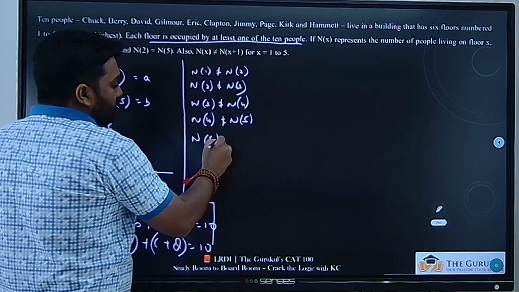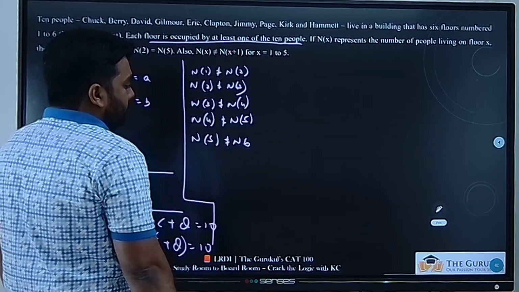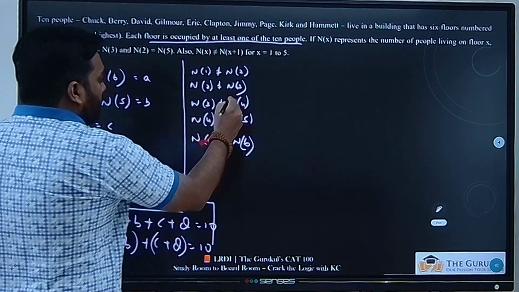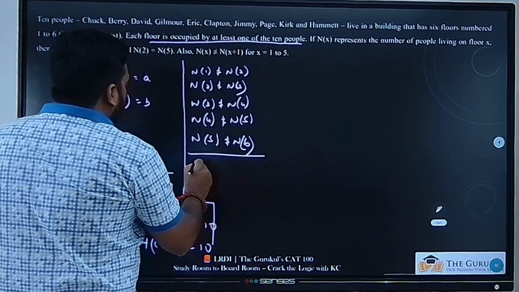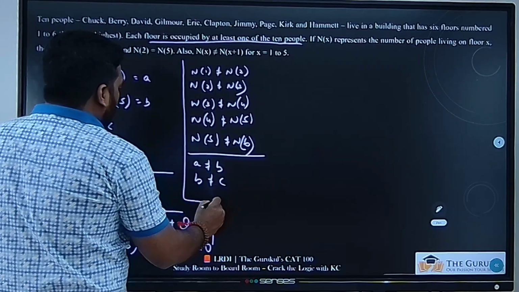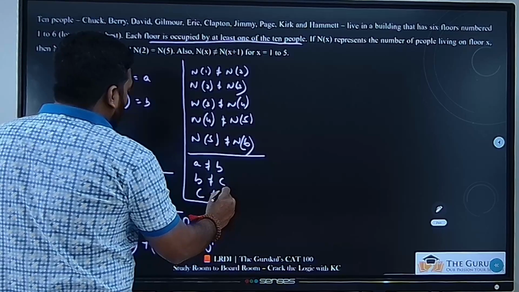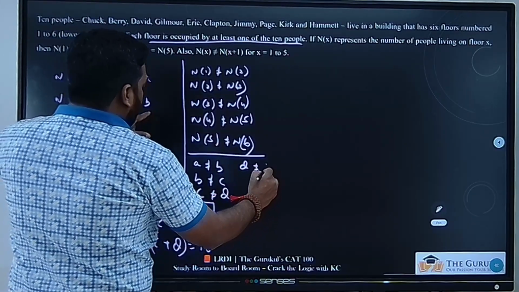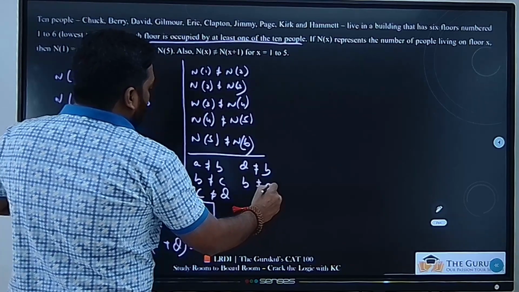Number in 5 is not equal to number in 6. If we write in terms of A and B, we can say A is not equal to B, B is not equal to C, C is not equal to D, and D is not equal to B, B is not equal to A.